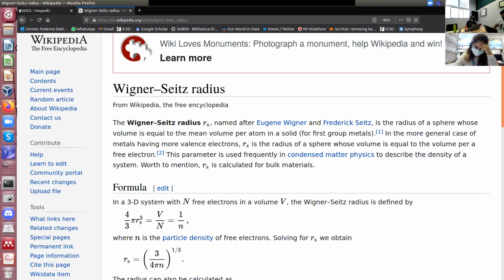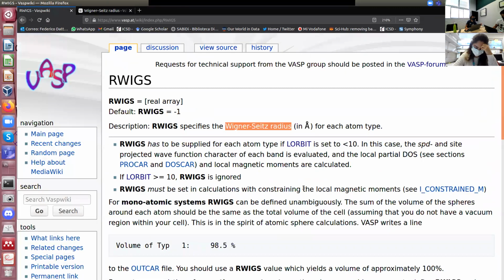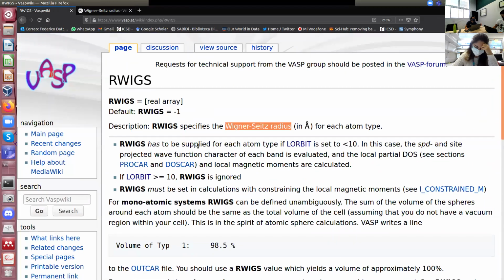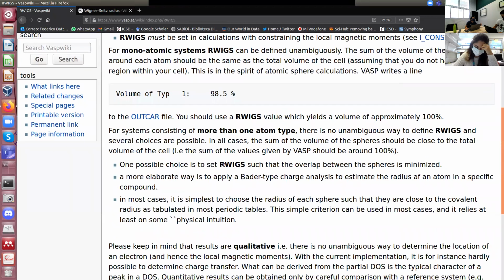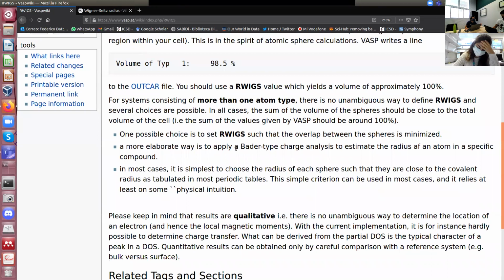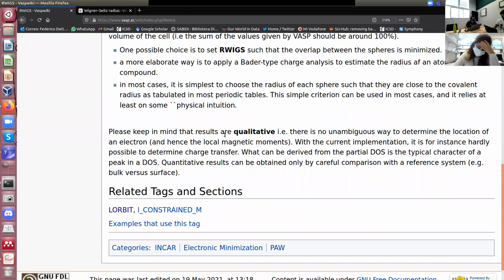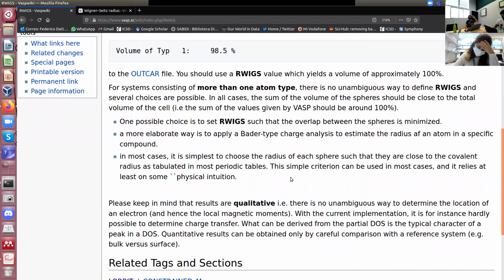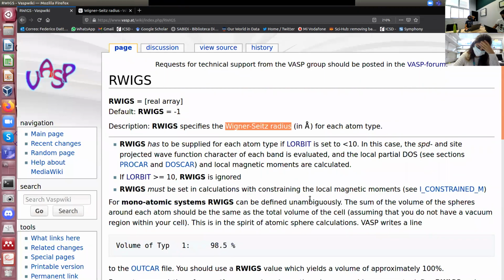Then you can ask me, but why do we need to put it? As far as I understand, this is just to have the electronic convergence more or less, okay?